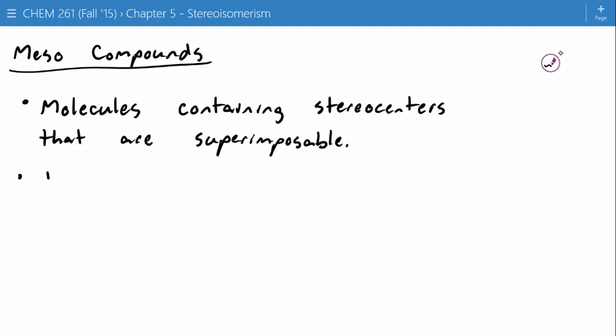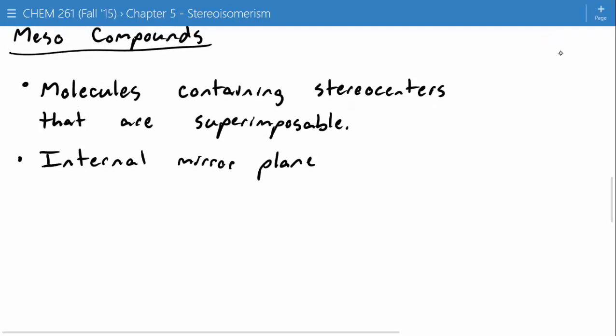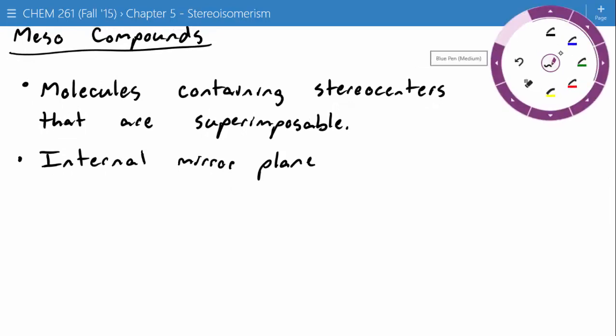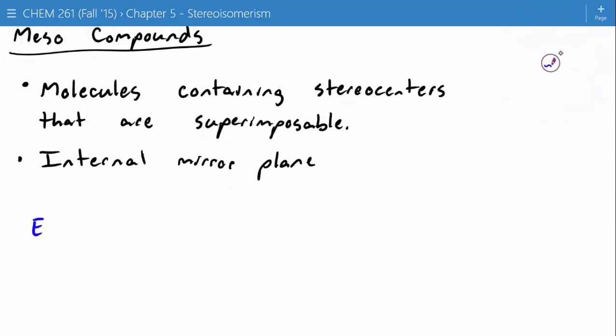The way to tell is that they have an internal mirror plane. So let's take a look at an example of this, and I'll show you guys what I mean.